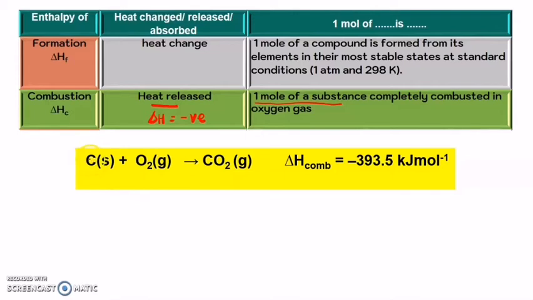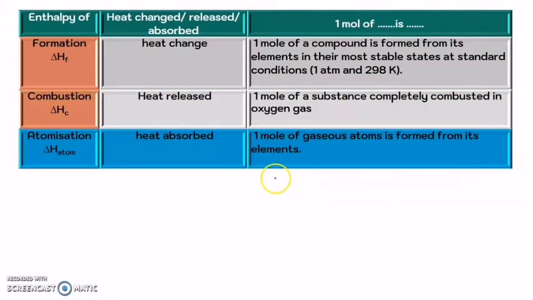The 1 mole must be for carbon because carbon is the one that is going to undergo combustion plus oxygen gas and it will produce CO2 gas. So we have to balance the thermochemical equation so that the carbon is 1 mole. So this is a balanced one, with the enthalpy of combustion stated here, so this is the thermochemical equation for enthalpy of combustion.